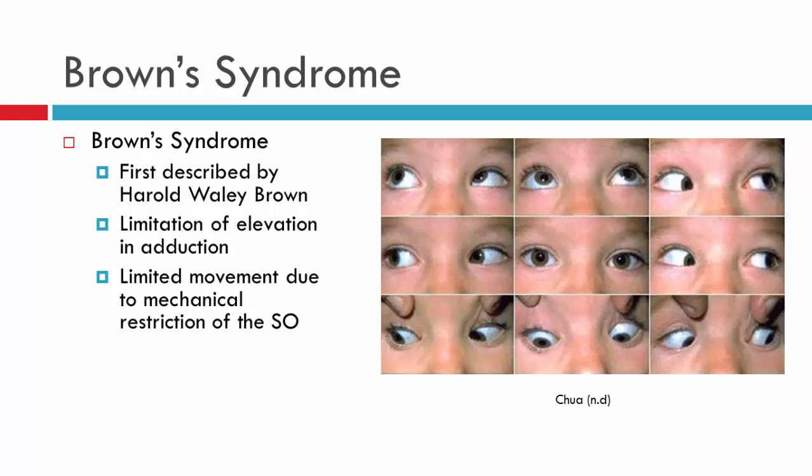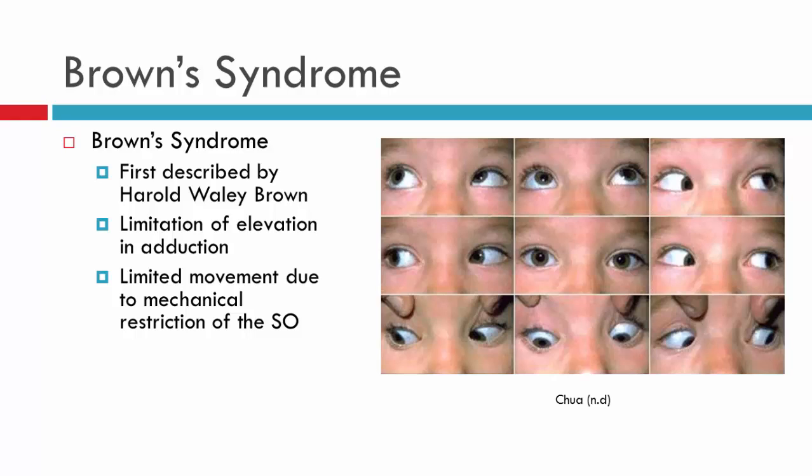The difference between, say, an inferior oblique palsy and a Brown syndrome is that the reason the eye cannot elevate is due to the superior oblique in the Brown syndrome case.